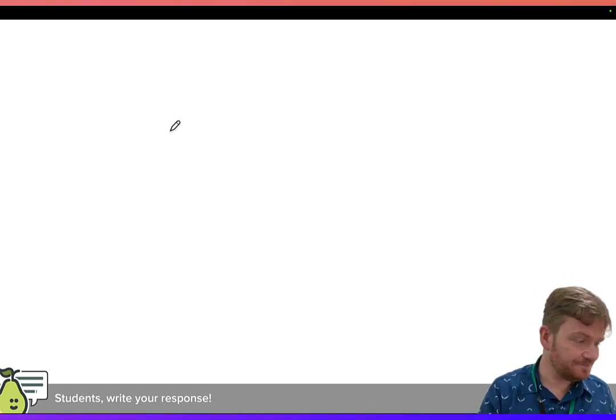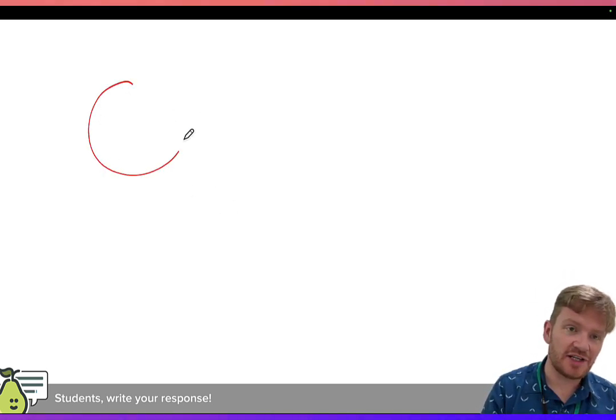Okay, the very last thing I want to show you very quickly, because I'm running out of time, is how we actually prove the equation a is equal to minus omega squared x.